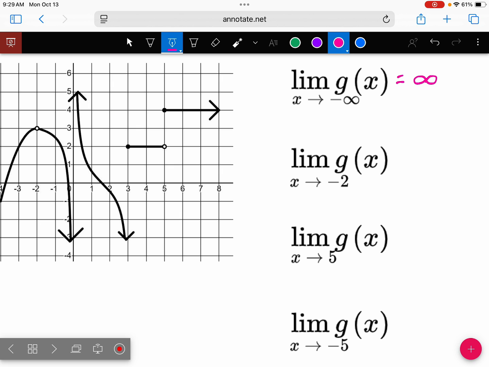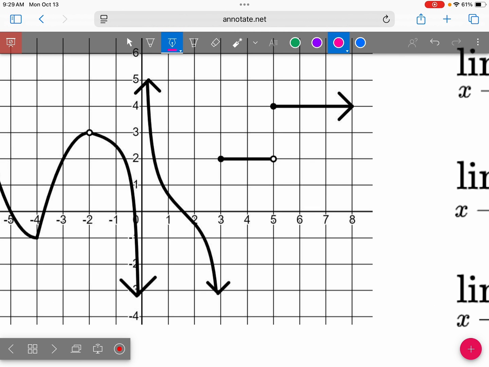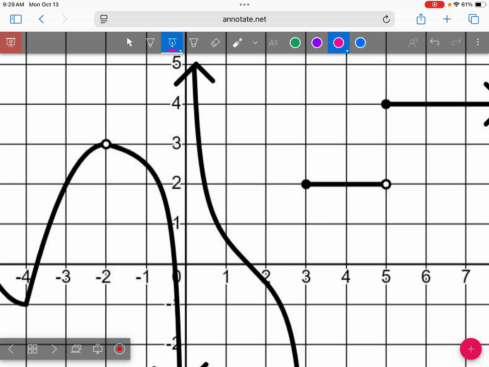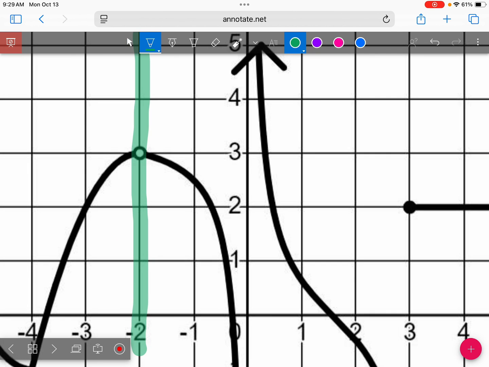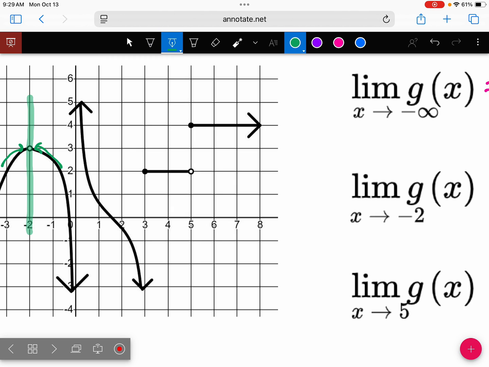Then let's look at our limit as x approaches negative 2. Because when our x is negative 2, that's over here. If we approach from the left, what's our limit? 3. If we approach from the right, what's our limit? 3. So what's our limit? 3.